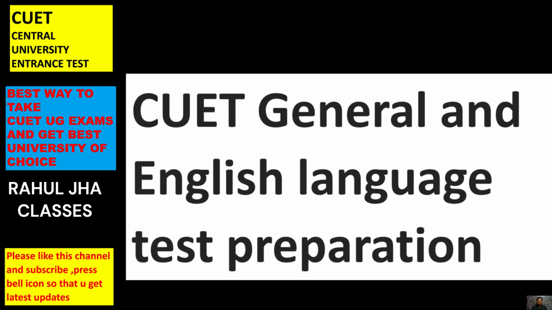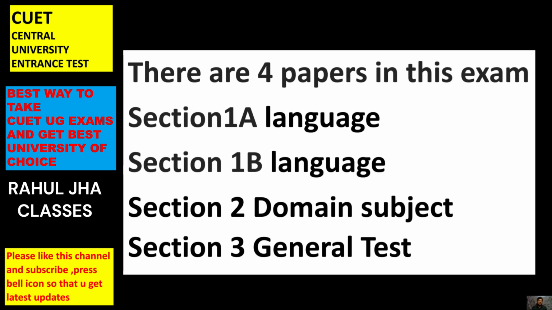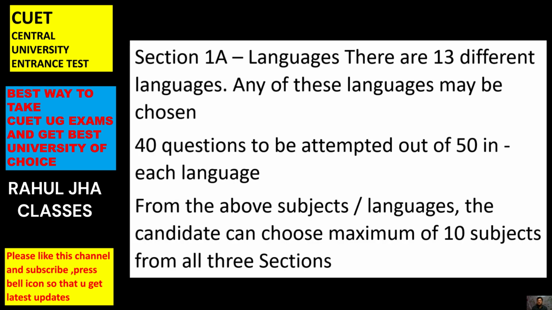Now, there are 4 papers in this exam. Section 1A is language, section 1B language, section 2 domain subject, and section 3 general test. Section 1A is the language paper where there are 13 different languages.